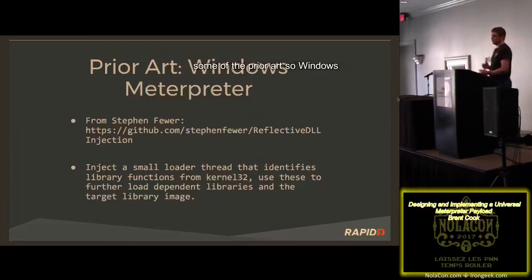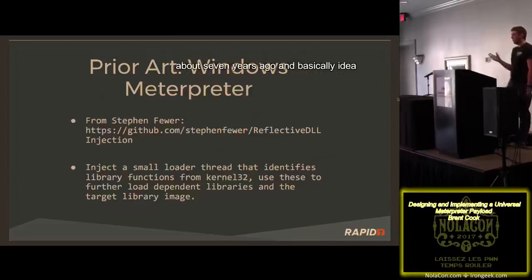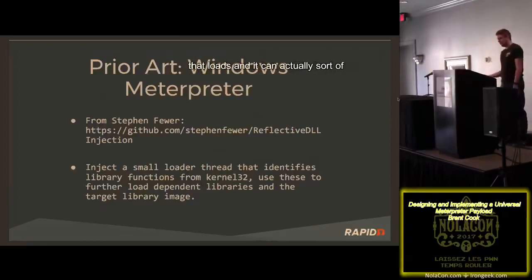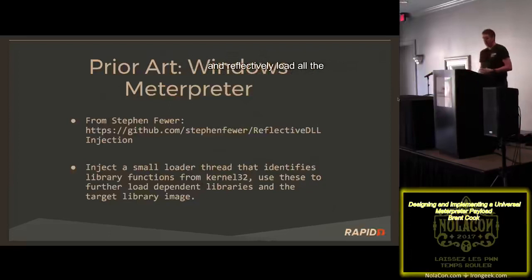But before I get into the real solution, I'm going to talk about some of the prior art. Windows Meterpreter has something called reflective DLL injection. This is something pioneered by Stephen Fewer about 7 years ago. Basically the idea here is that you have a little loader that can identify all the dependencies of a DLL and reflectively load all the dependencies into a target image.